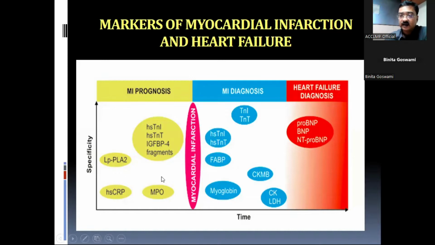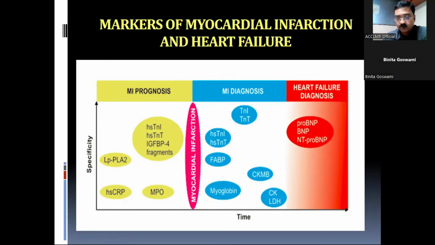These are cardiac prognostic markers, like what I have said: hsCRP, myeloperoxidase, high sensitivity troponin I, high sensitivity troponin T, and fatty acid binding proteins and fragments. They mainly show the chances of developing MI, or the prognosis of the patient's heart condition, whether the patient is likely to go for an MI or not. That is why they are called prognostic markers.